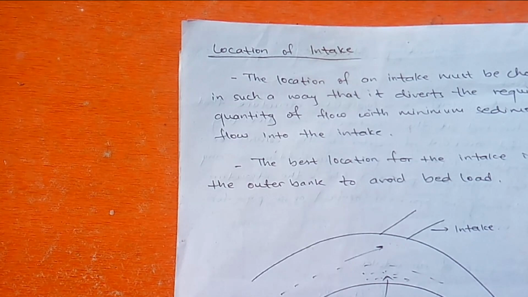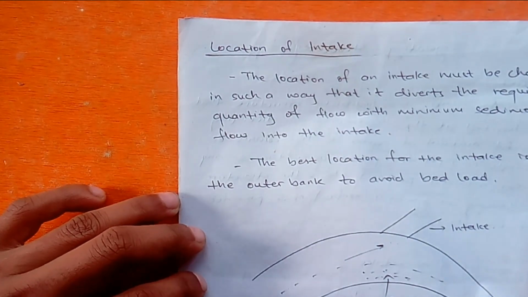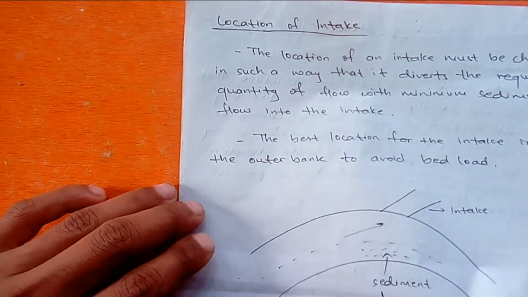That means in each and every case the sediment will deposit on the inner bank rather than on the outer bank. That's why an intake should be located at the outer bank in order to avoid the bed load. You can see this very well in this picture.